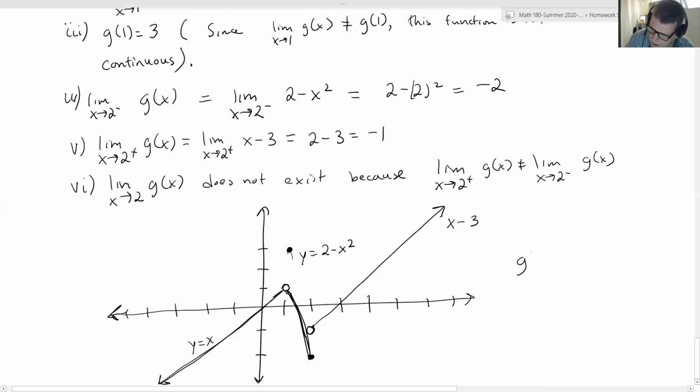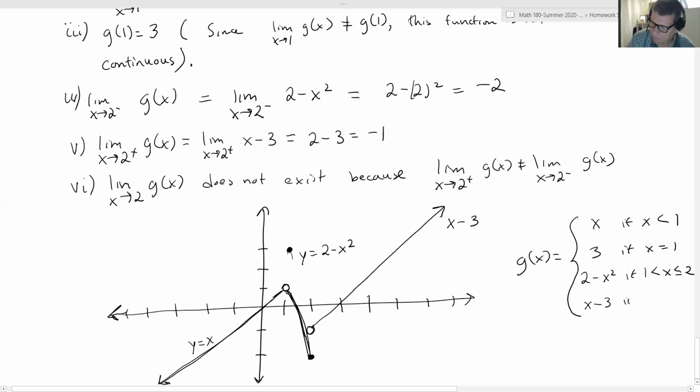It's hard sometimes because I can't see the other part of the thing. g of x was x if x is less than 1, 3 if x equals 1, 2 minus x squared if 1 is less than x less than or equal to 2, and x minus 3 if x is greater than 2. Great. There you go. So that's our graph.